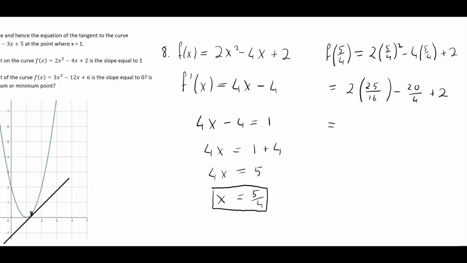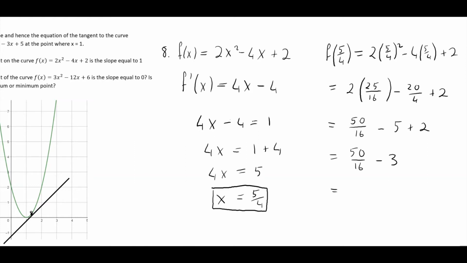Let's tidy it up a bit. So we're going to take this, it'll become 50. 2 by 25 gives you 50 over 16, minus 4 into 20 is going to go 5 times, plus 2. So you're going to get 50 over 16 minus 3.